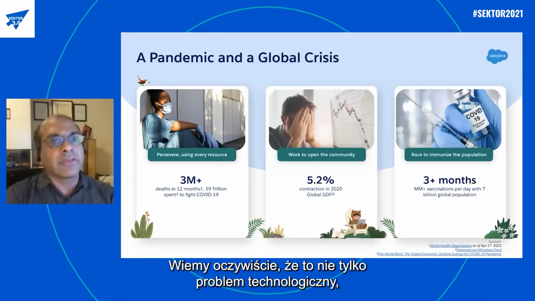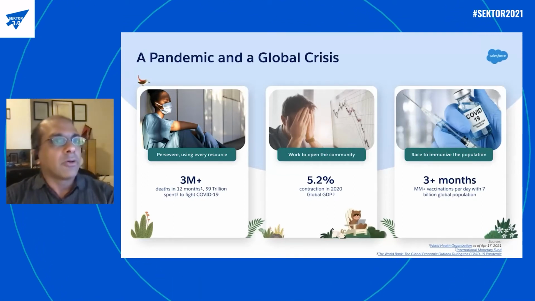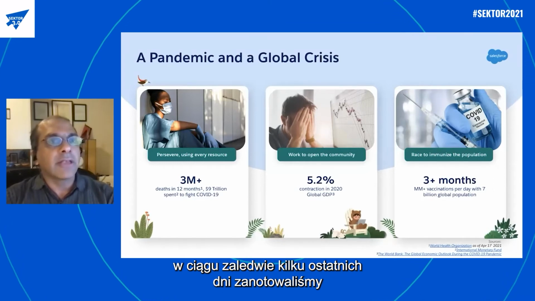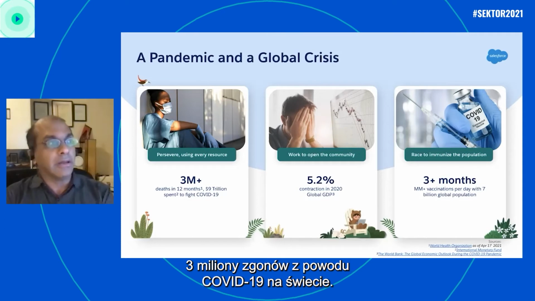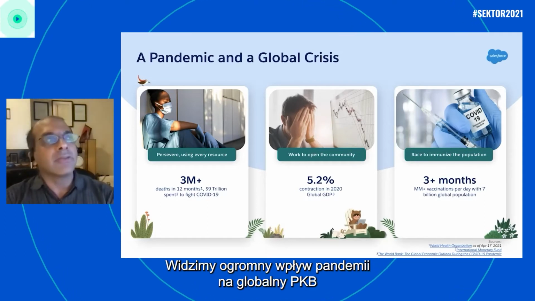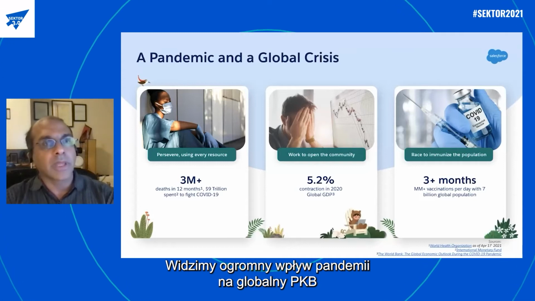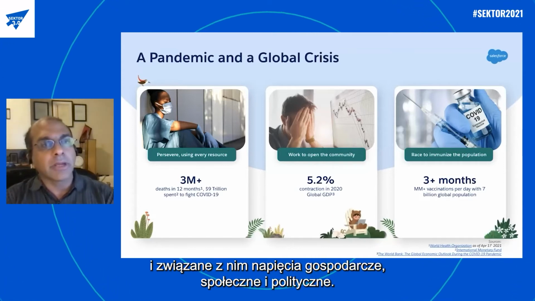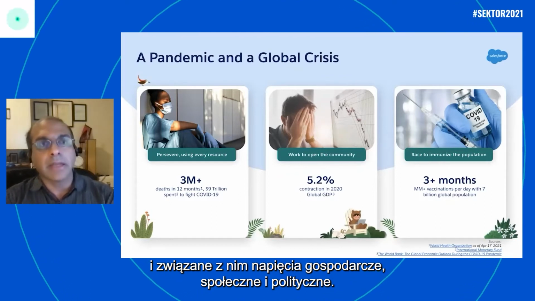We know, obviously, that this is not just a technology problem. This is fundamentally a human problem. We've seen just in the last few days the world cross into 3 million deaths from COVID-19. We've seen massive impact to global GDP, and the associated economic, social, political tensions that have been catalyzed by the pandemic.